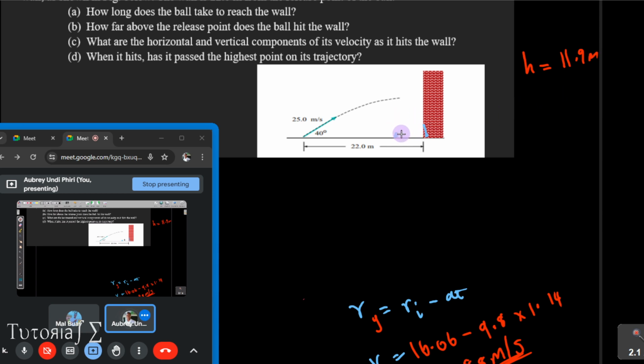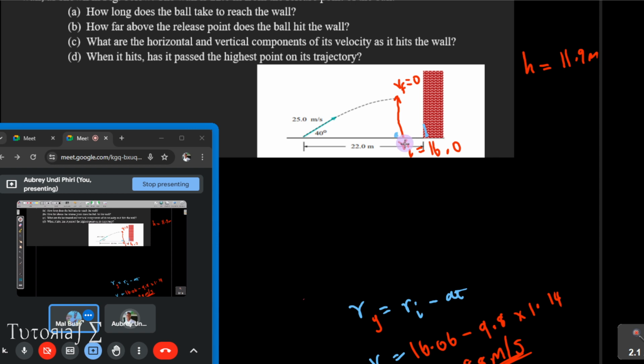When the ball is moving up like that, it reaches a point where the final velocity is equal to 0. The initial velocity is the velocity in the y. So the velocity in the y was what, 16.06, was it? Yeah, 16.06.